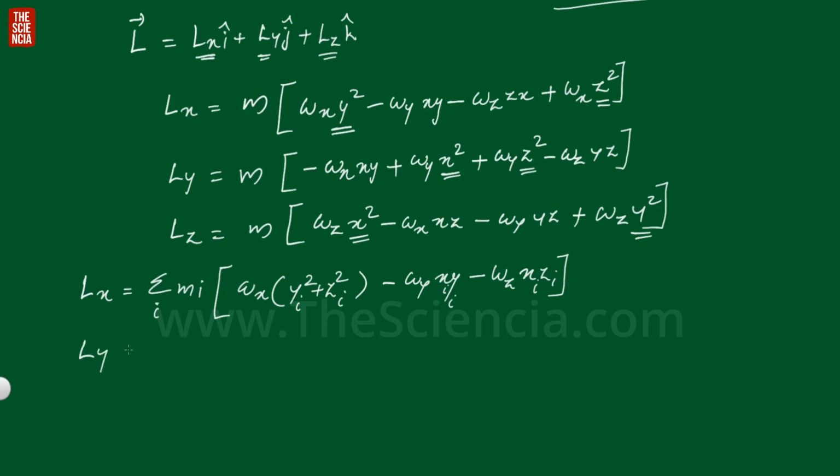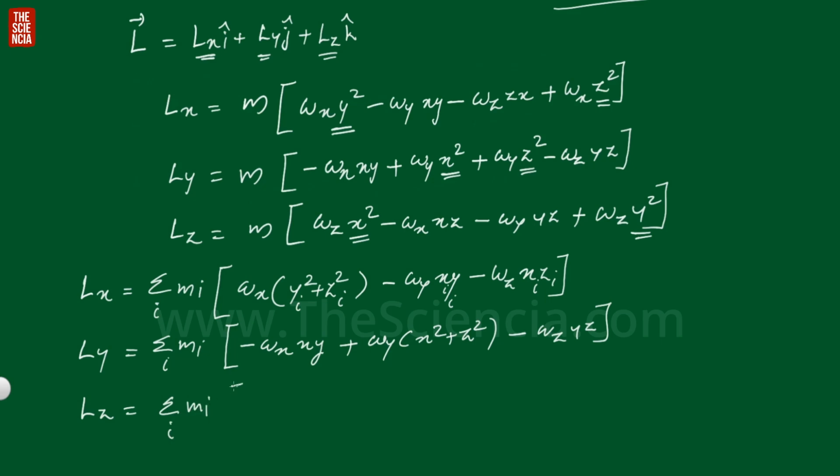And Ly equal to summation over i of m_i into minus omega x x y plus, here omega y is a common term, omega y into (x square plus z square), minus omega z y z, and Lz equal to summation over i of m_i into minus omega x x z minus omega y y z plus omega z into (x square plus y square), right?